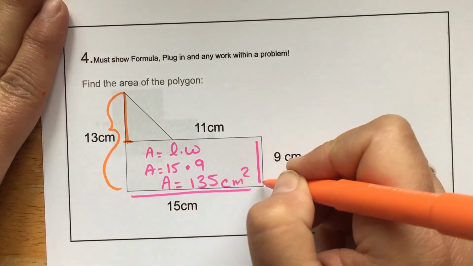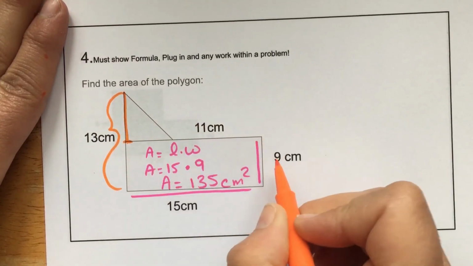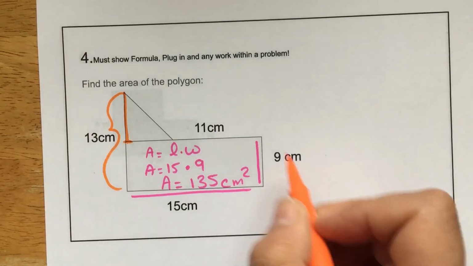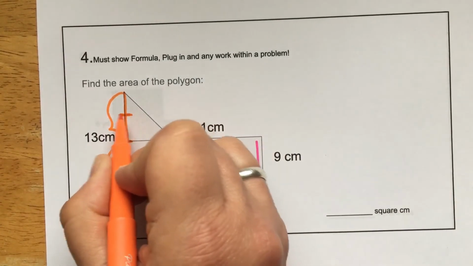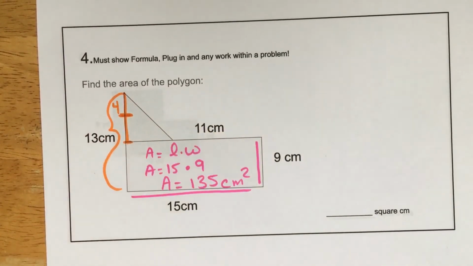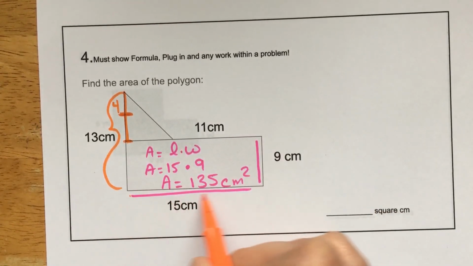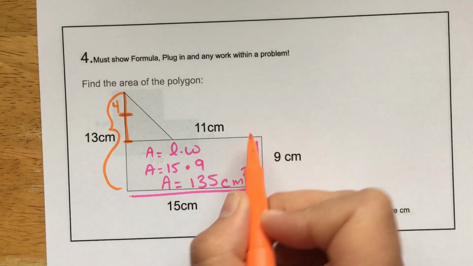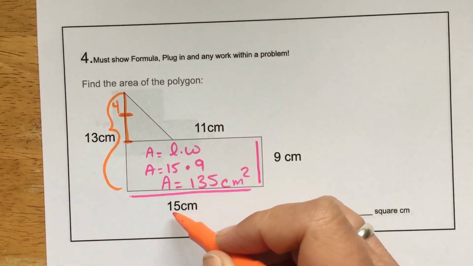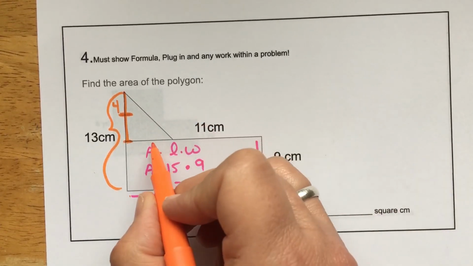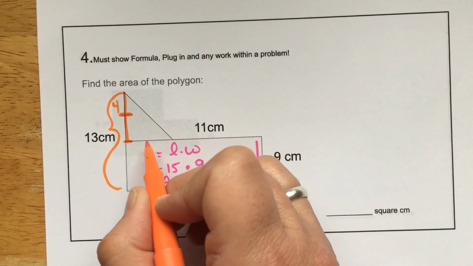If this side is 9 and this side is 13, I have to do 13 minus 9, and that will tell me that this part here is 4. Same thing down at the bottom. This whole thing is 15, but I don't need this. This part is 11. You have to do 15 minus 11 to get this part, which is 4.